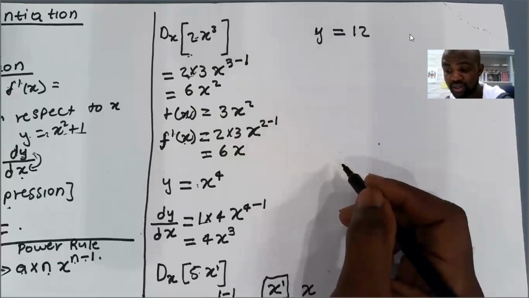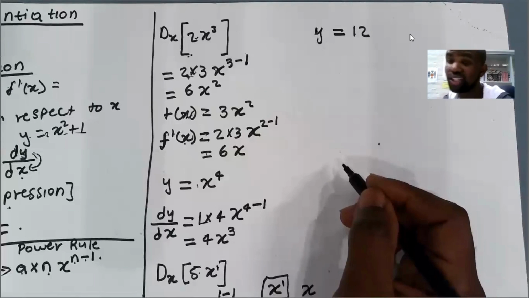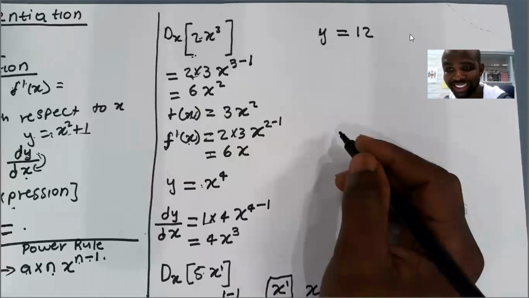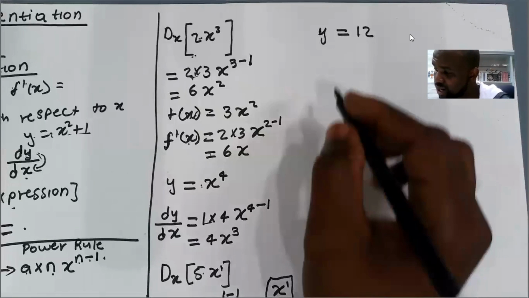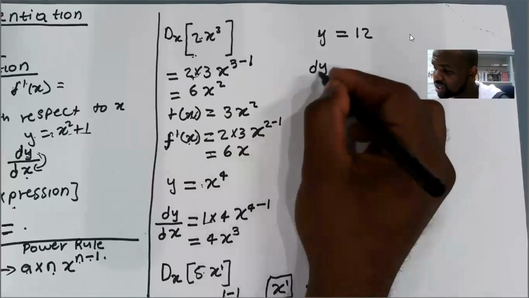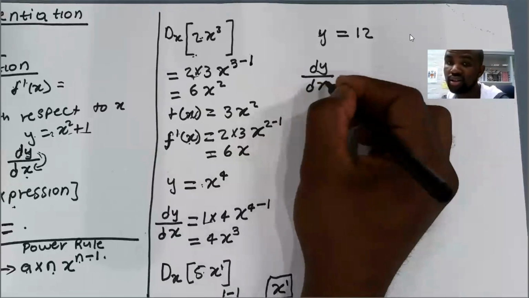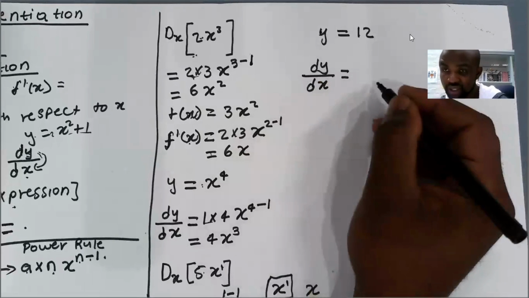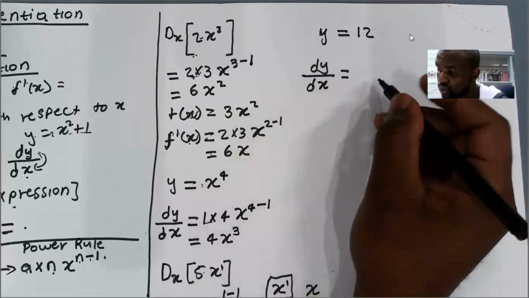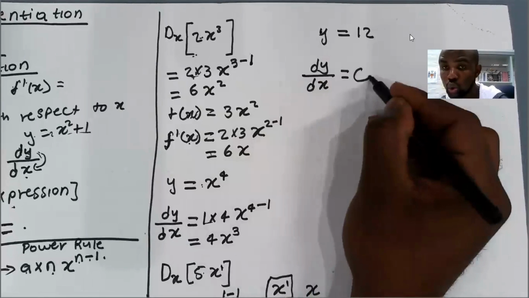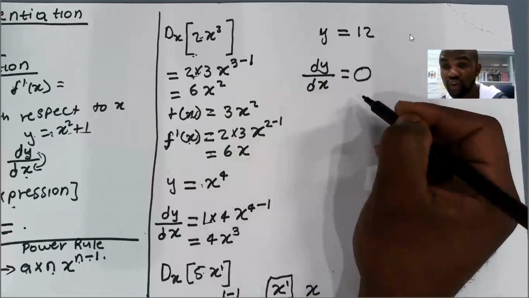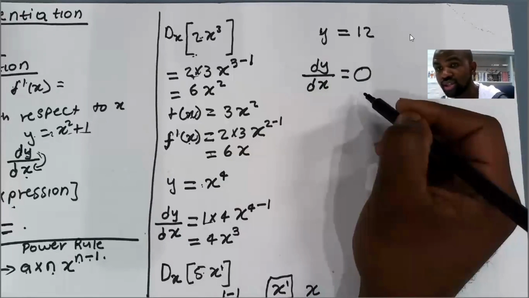Now, guys, you must know this. You must not forget this. It's always like this. When you are deriving a constant, just a number, dy over dx, the derivative of a constant is always 0.